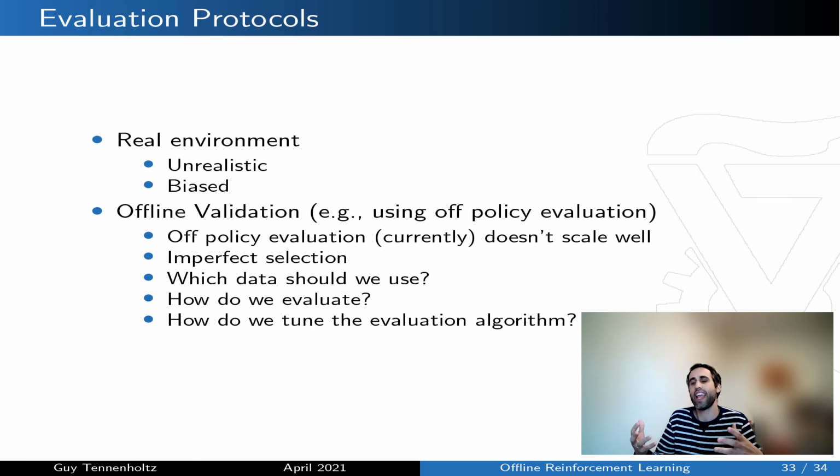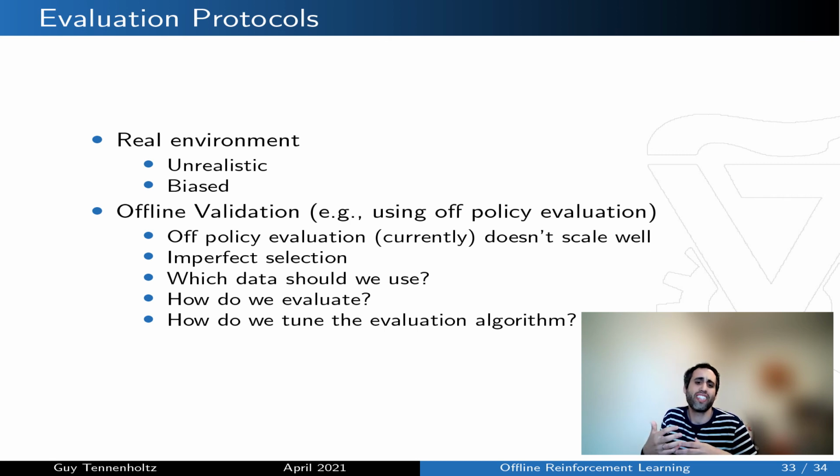And even if we did have a perfect or a very good off-policy evaluation algorithm, it would always have some kind of error, so this would cause an imperfect selection of an algorithm. Unlike in supervised learning, for example, when we try to validate, we have this ground truth of labels. Here, we would have noisy labels of what would be a good policy, which would make it harder for us to fit our model or do this hyperparameter tuning.